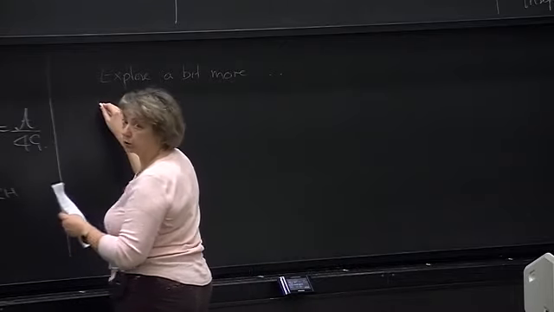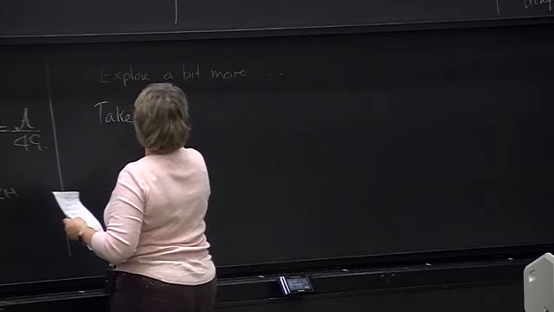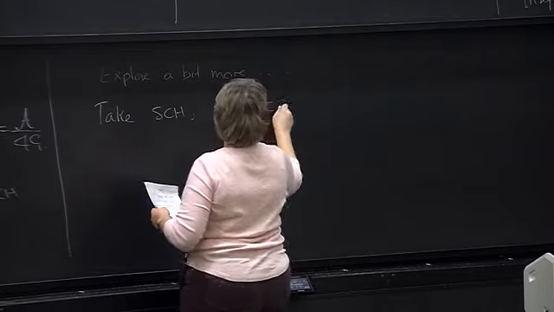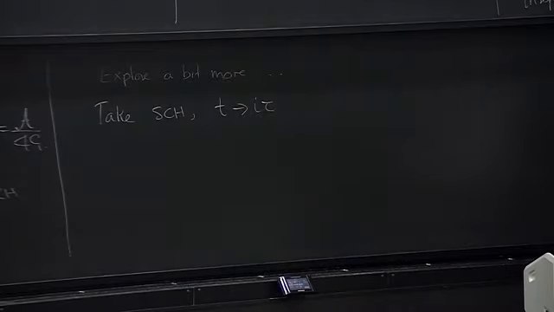So I'm going to take the Schwarzschild solution and I'm going to Wick rotate it. I'm going to send t to i tau.